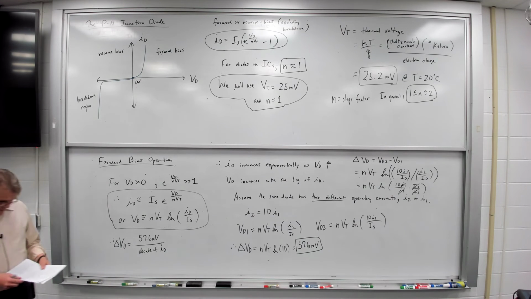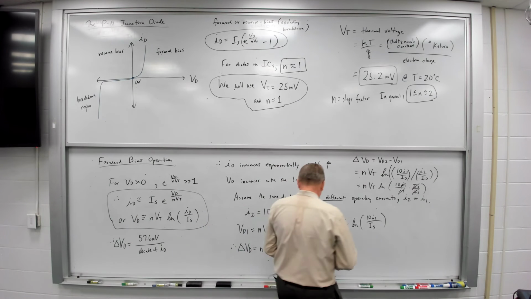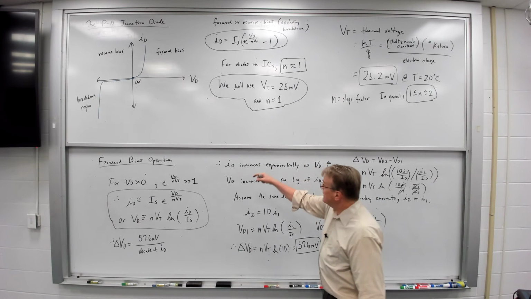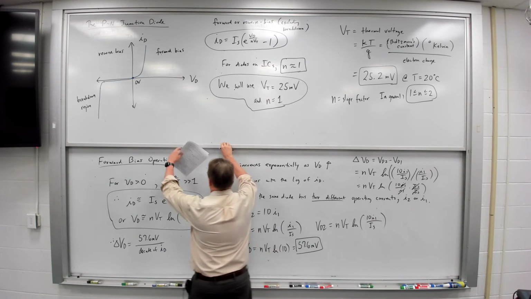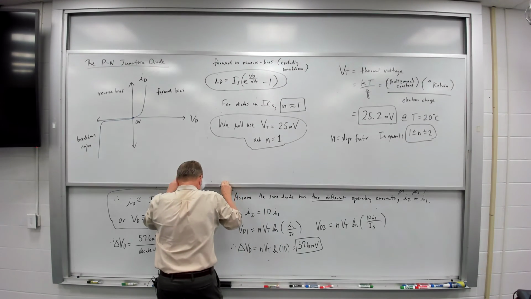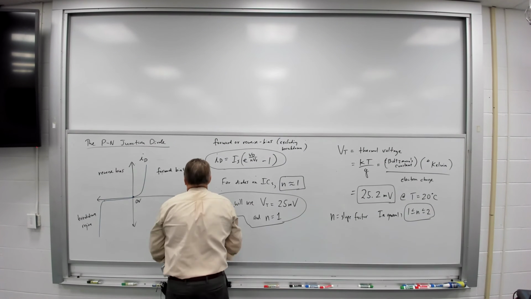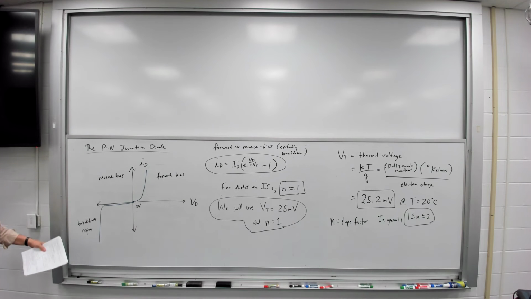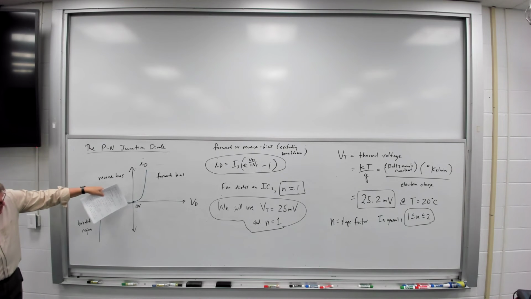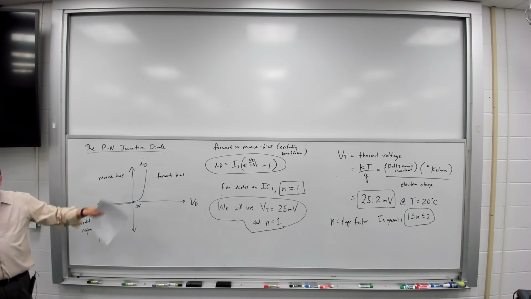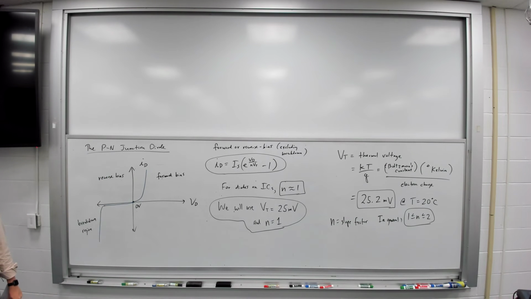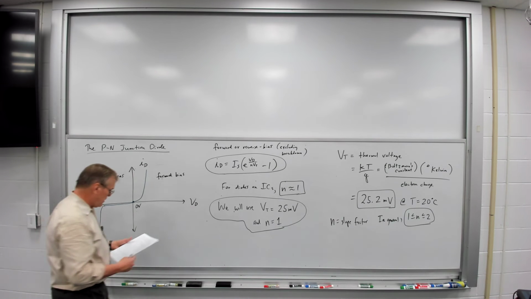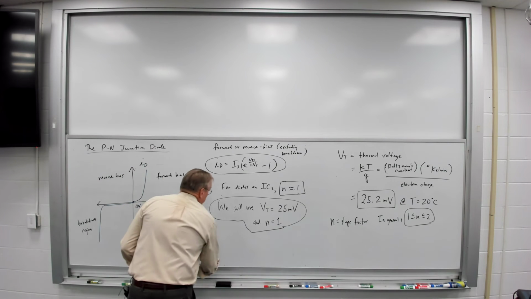All right? Now let's go back and look at this diagram here. What you will find is typically the diode current is going to be very small, near zero, but then it starts to get large very quickly because we're heading up that exponential curve.